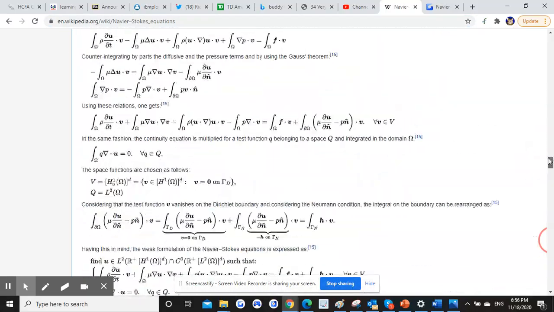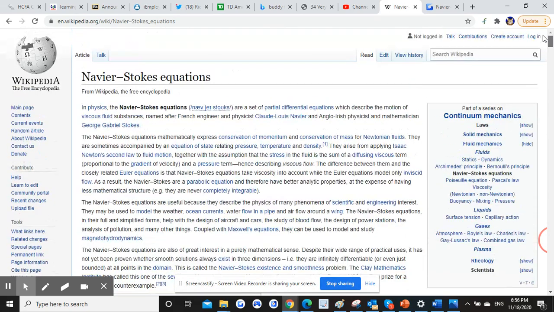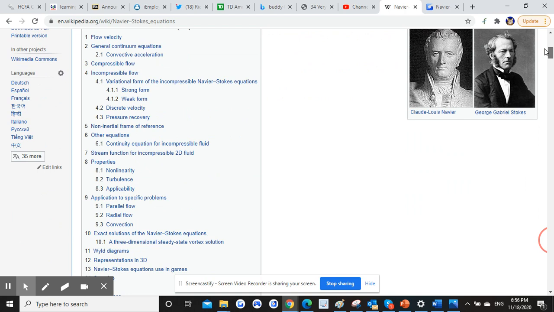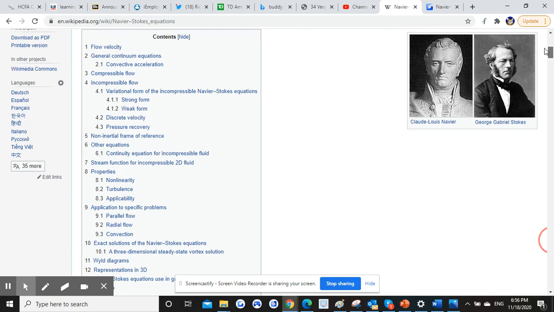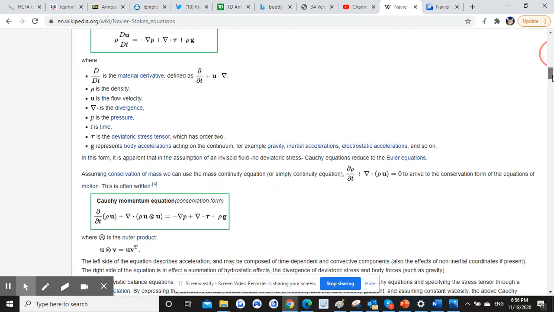Well, guys, here we are on this page related to Navier Stokes equations. And obviously, you can click on that link and come here and read more about these geniuses who came up with those equations and look at the solutions.